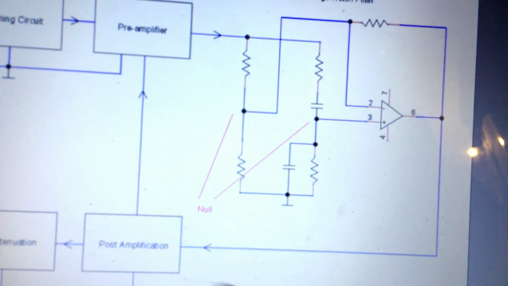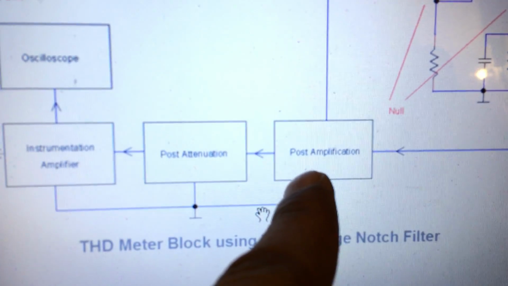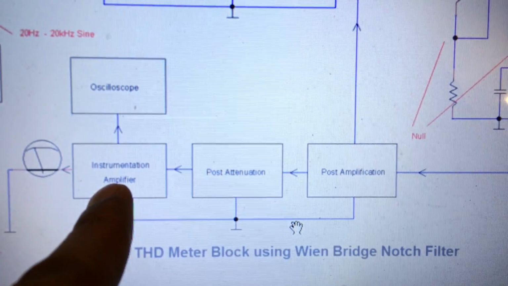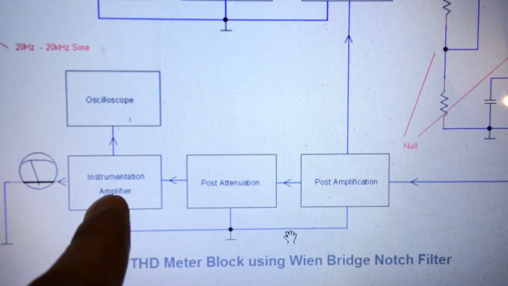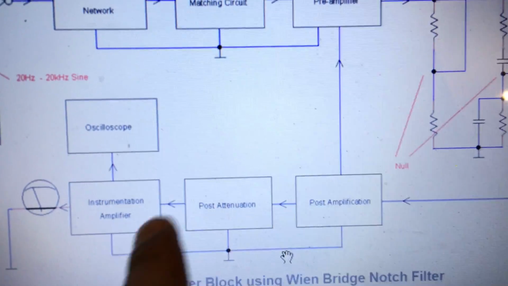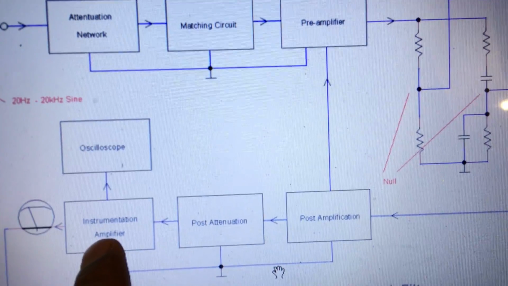Then the output of that particular circuit goes to the next block, that is a combination of post amplification, post attenuation, and instrumentation amplifier. The meaning of these three blocks is that they are required such that the meter will read this particular data.